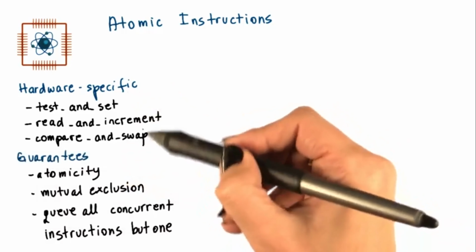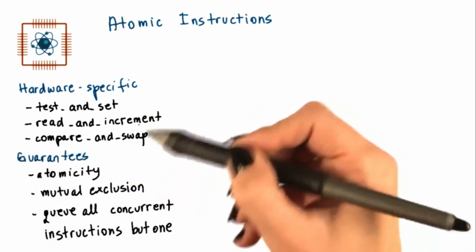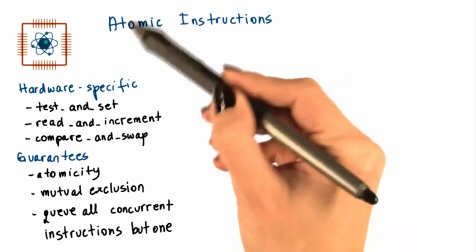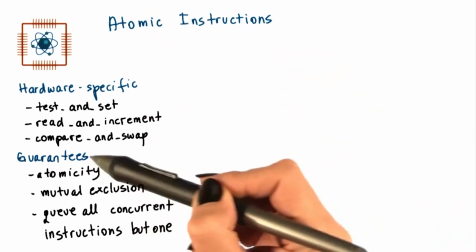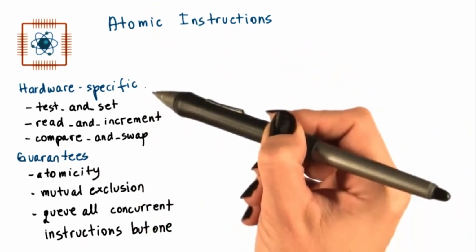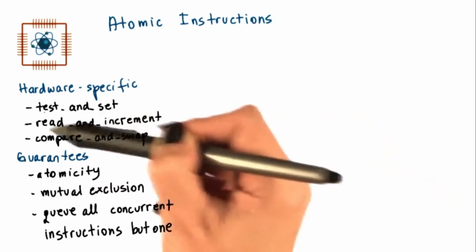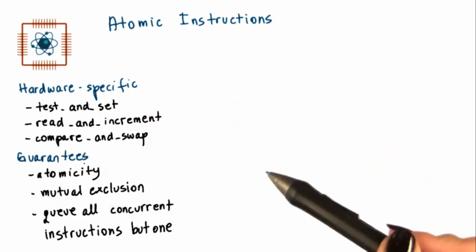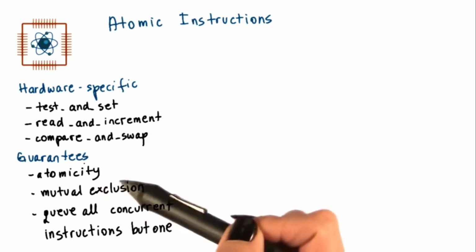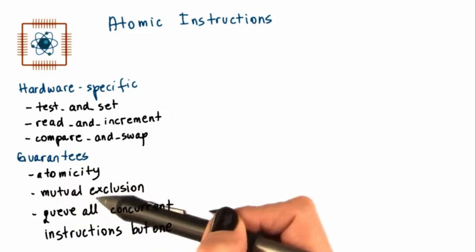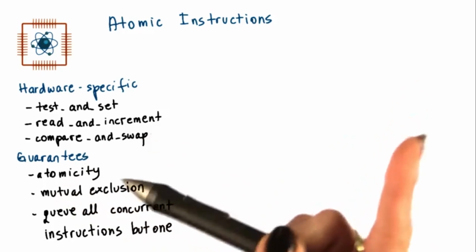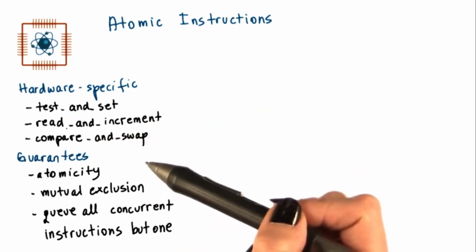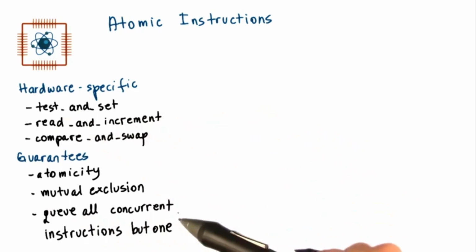As you can tell from the names of these instructions, they all perform some multi-step, multi-cycle operation. But because they're atomic instructions, the hardware makes guarantees that this set of operations included in these instructions will happen atomically, so not just halfway, the entire operation or none of it. That it will happen in mutual exclusion, meaning that only one instruction at a time will be allowed to perform the appropriate operation, and that the remaining ones will be queued up.